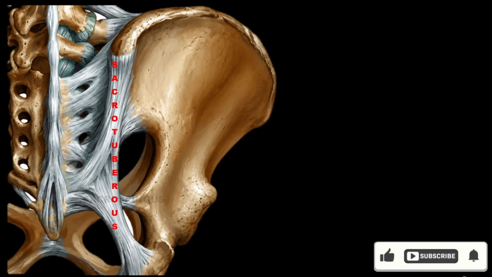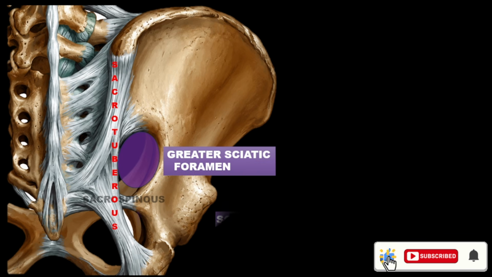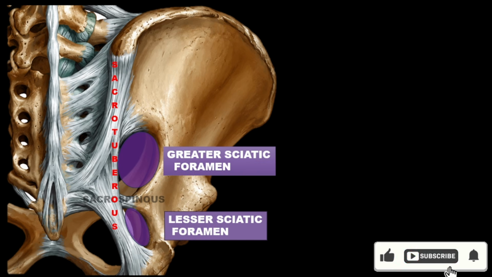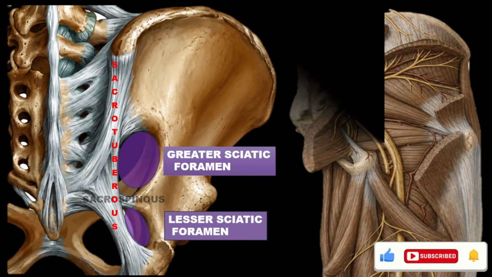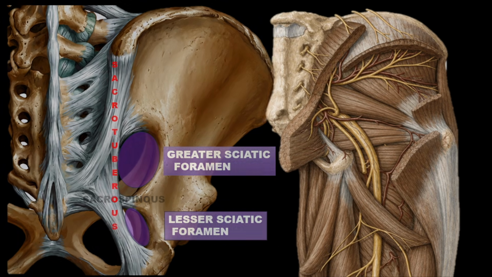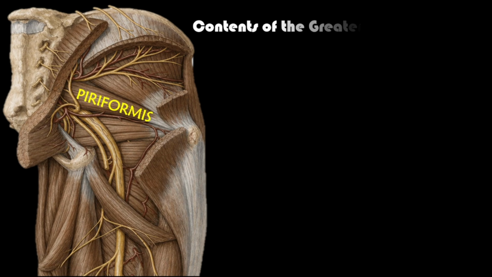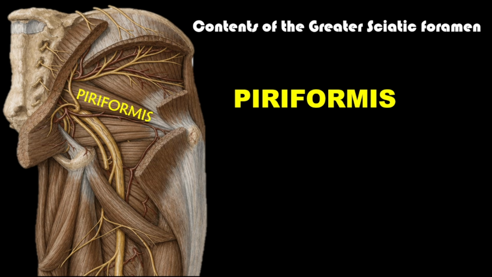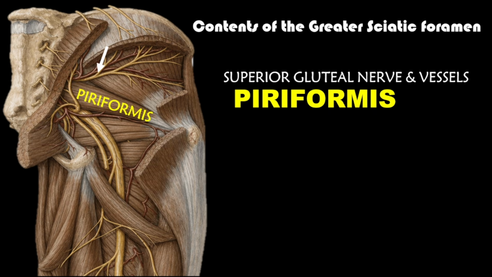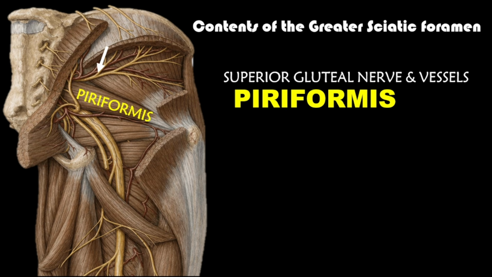The greater sciatic foramen, the lesser sciatic foramen. What anatomical structures pass through these two foramina? The structures that pass through the greater sciatic foramen: the piriformis muscle. With the piriformis as a reference, above piriformis lies the superior gluteal nerve and vessels. Below it lies the inferior gluteal nerve and vessels.